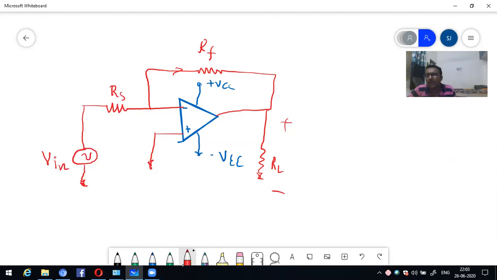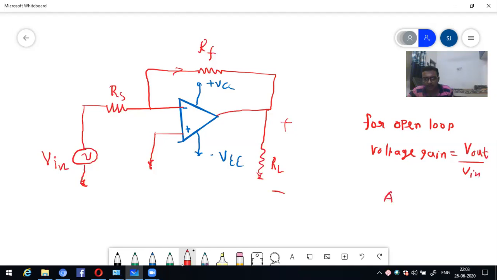In open loop, the gain of the operational amplifier is infinite. Why infinite? Because if a very low input value is applied, then the output is high, or we can say plus VCC or minus VEE. That's why for open loop, voltage gain AOL equals Vout divided by Vin.